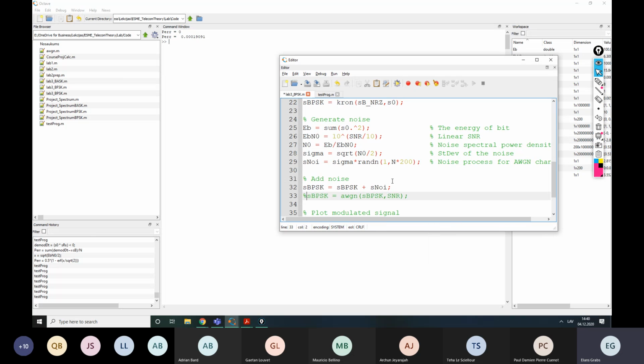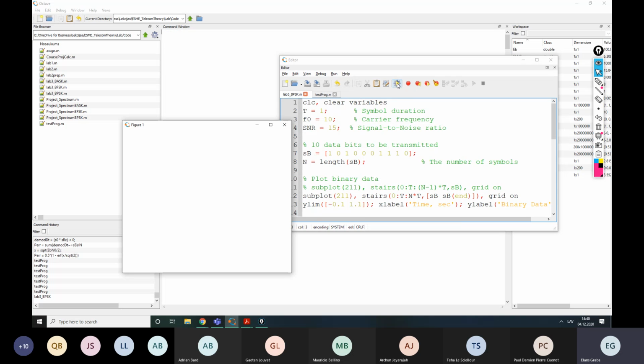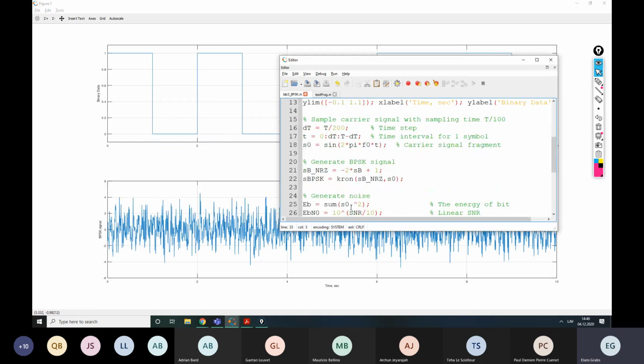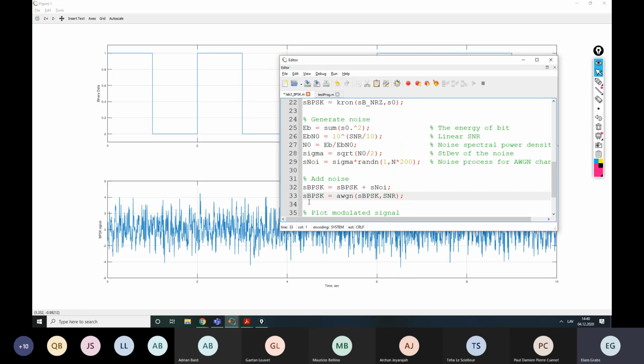So first, let me show you how the original plots looked. This way, right? And now with the AWGN function, they will look different.